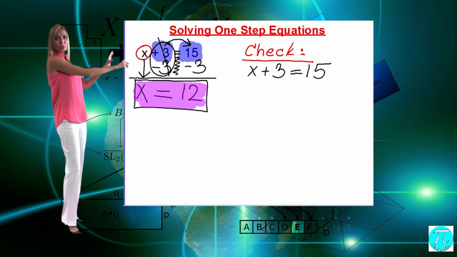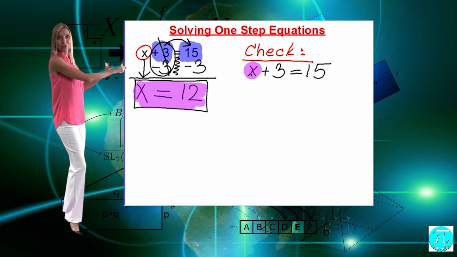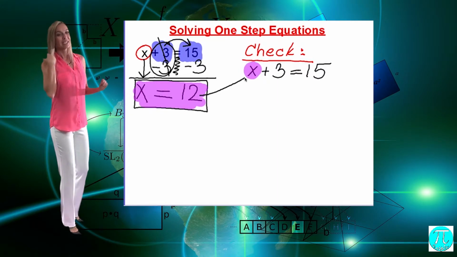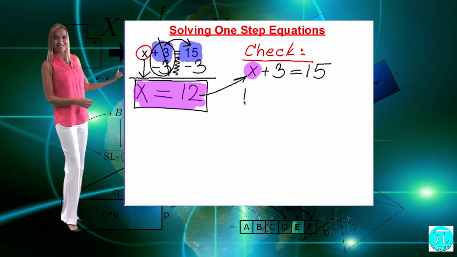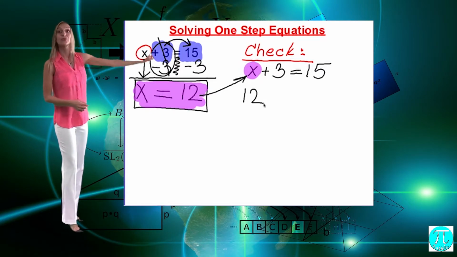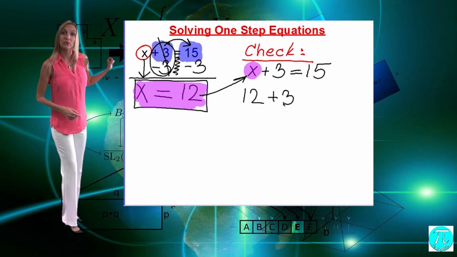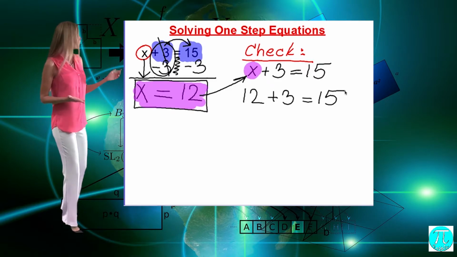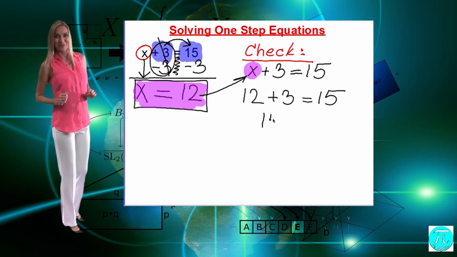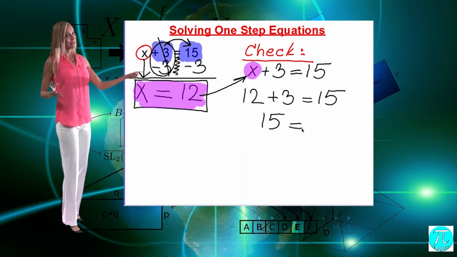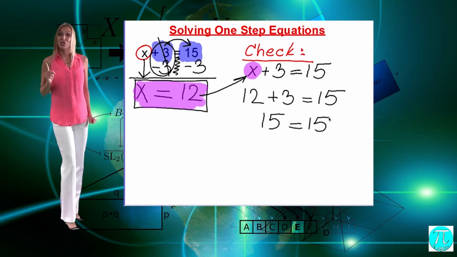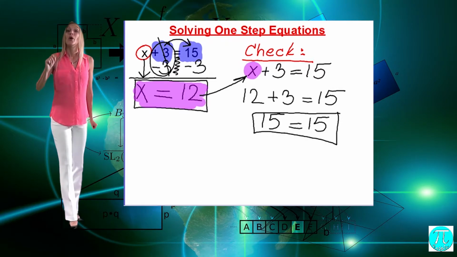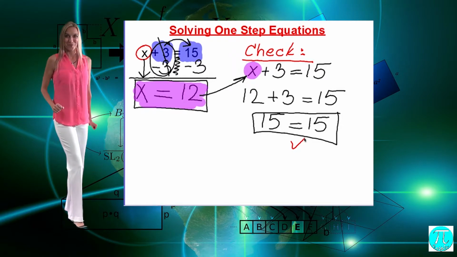Basically replace the x with what it's supposed to equal, right? So we have 12, which was the x, plus 3 equals 15. And now if we solved correctly, both sides of the equal sign will be equal. Well, 12 plus 3 equals 15, which it does equal 15. So our answer checked. So x indeed did equal positive 12.